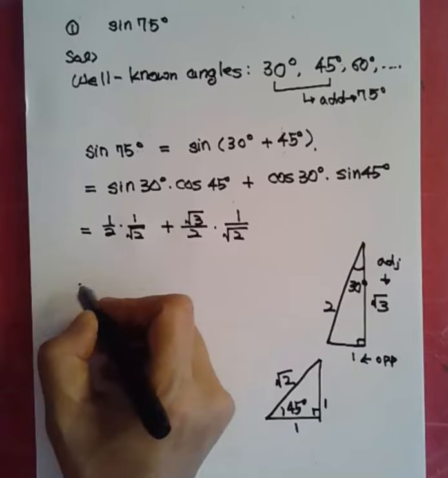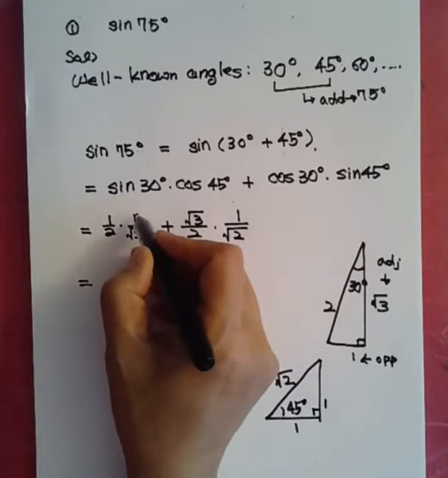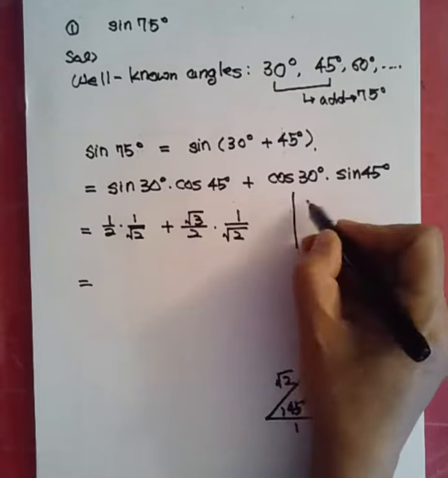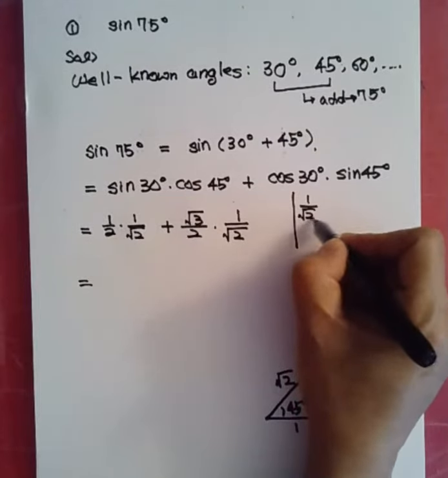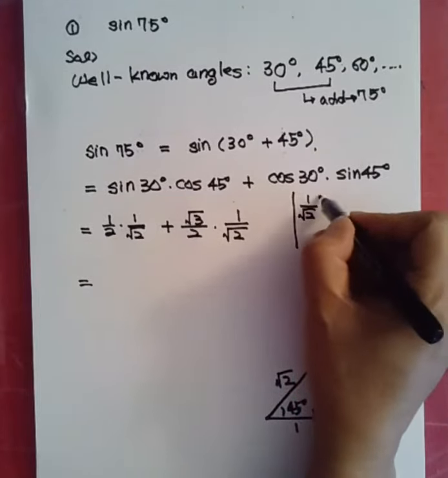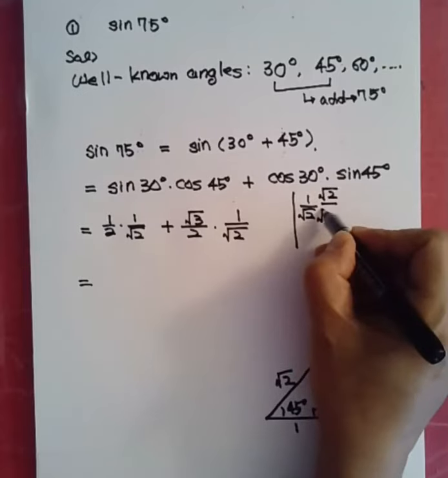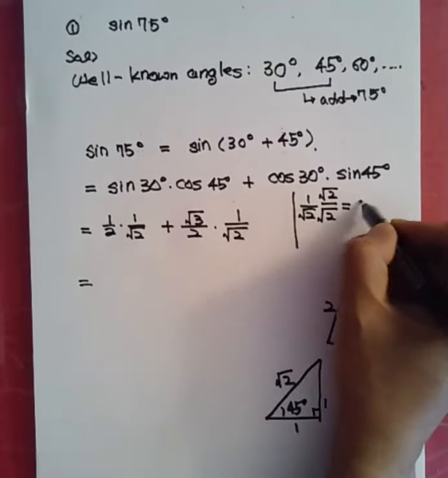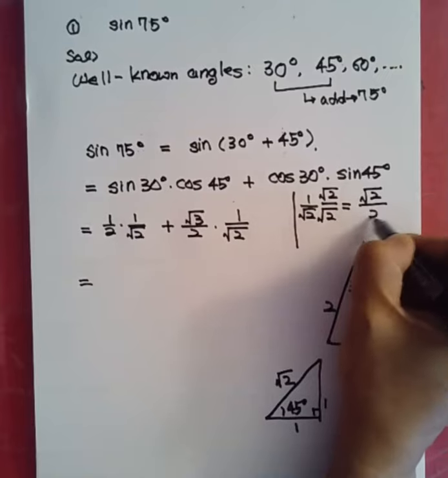In this case, we can rewrite 1 over square root of 2 by rationalizing. Then that is square root of 2 over 2.